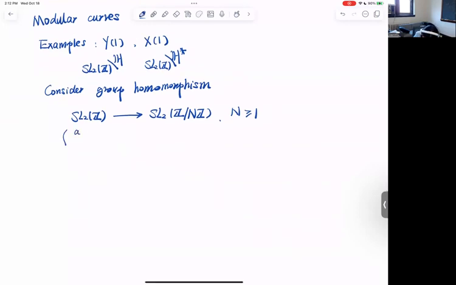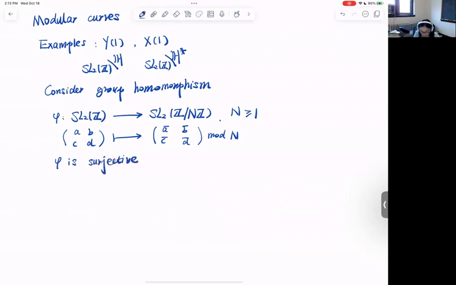The map is exactly this reduction map: (a b; c d) maps to (a b; c d) mod n. This is the mod n action. It turns out that this map phi is actually surjective, which is not obvious at all. And then the kernel of phi is very clear.